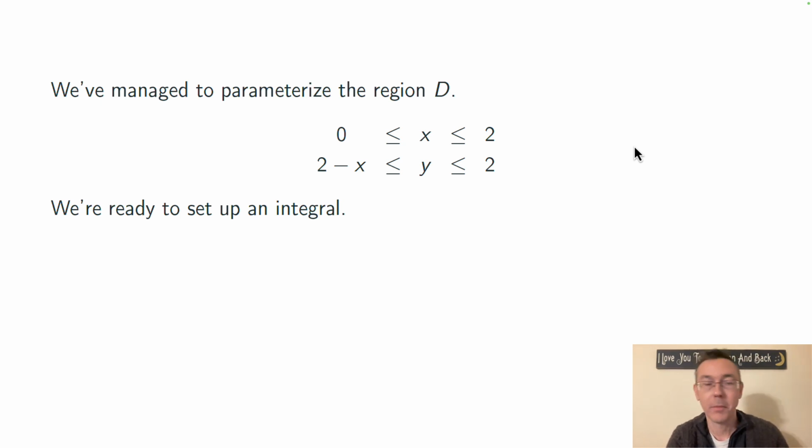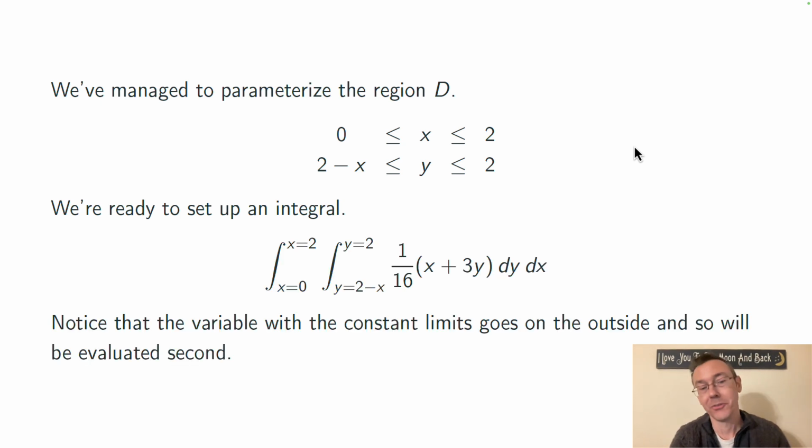So we're ready to set up our iterated integral. We put the variable that just has constant limits on the outside. So the outermost integral is going to be from x = 0 to x = 2. We put the other integral, the one that uses the variable that is relative to the other variable, on the inside. So we go from y = 2 - x to y = 2.